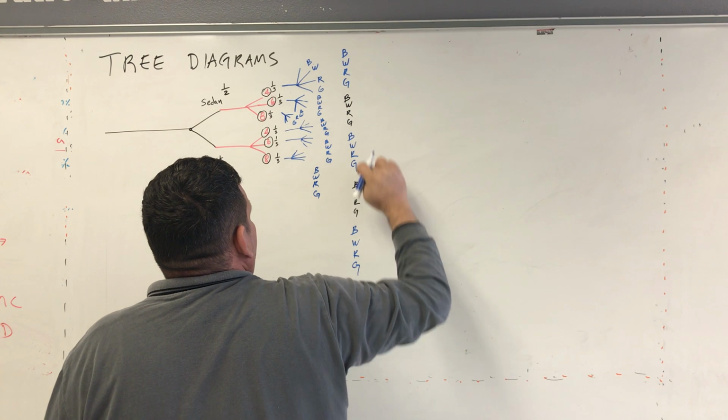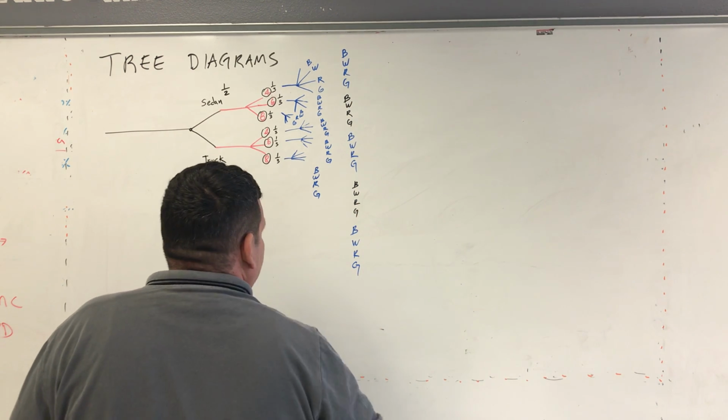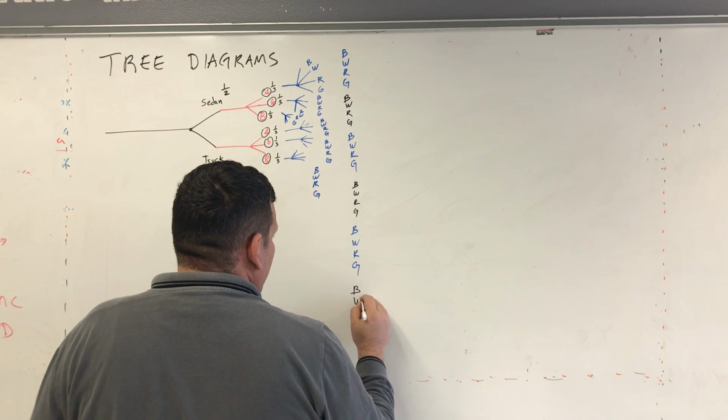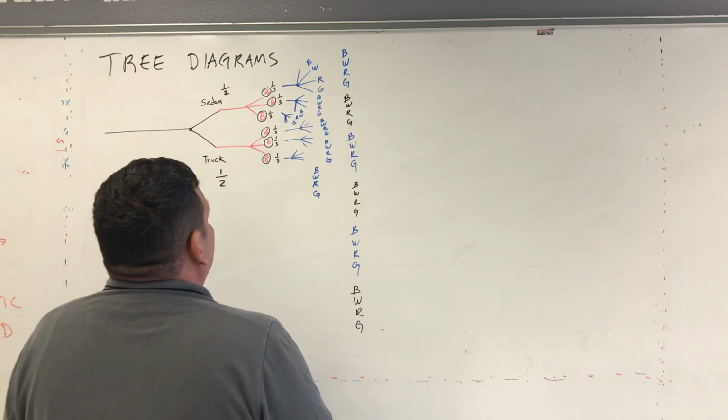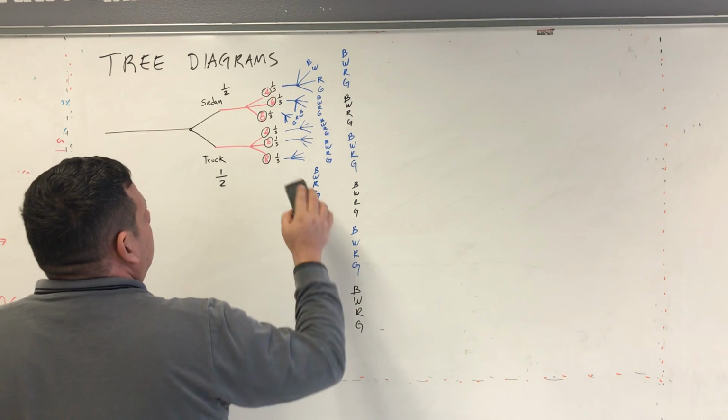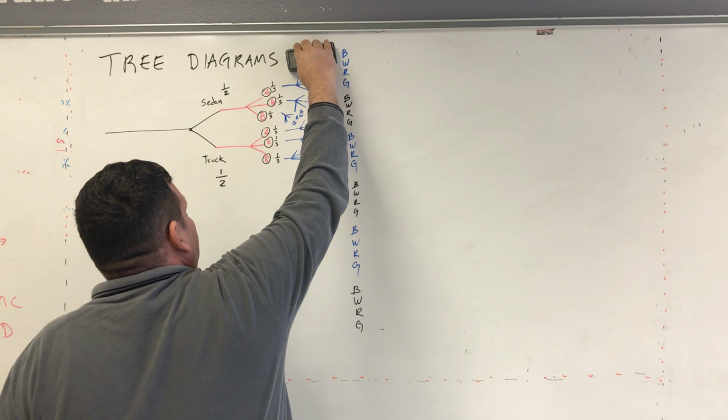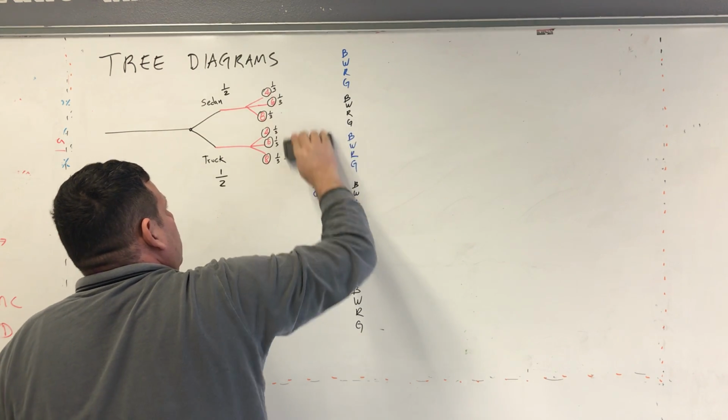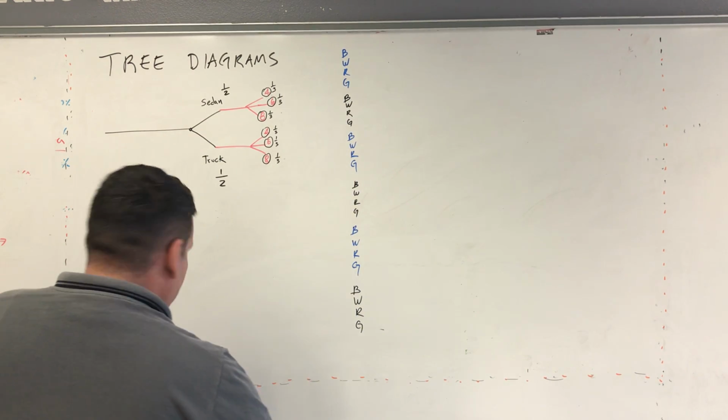There is one missing: blue, white, red, and green. Okay, so I will erase this so we can do it in a more organized way.